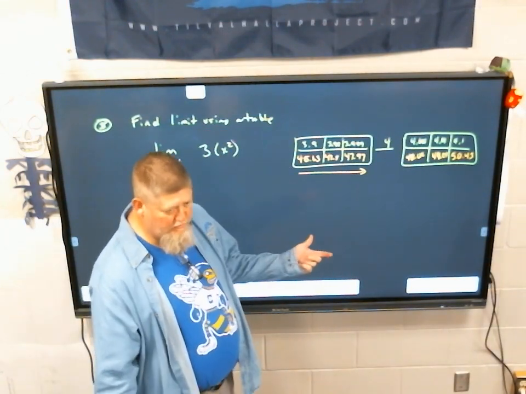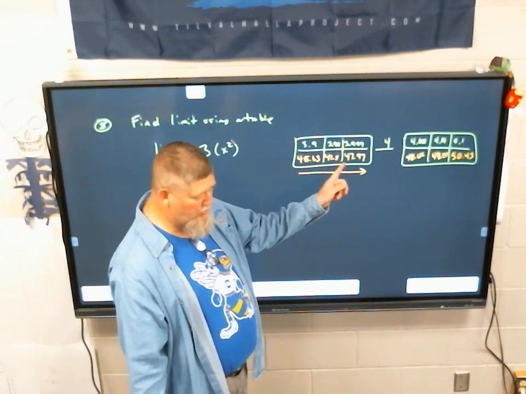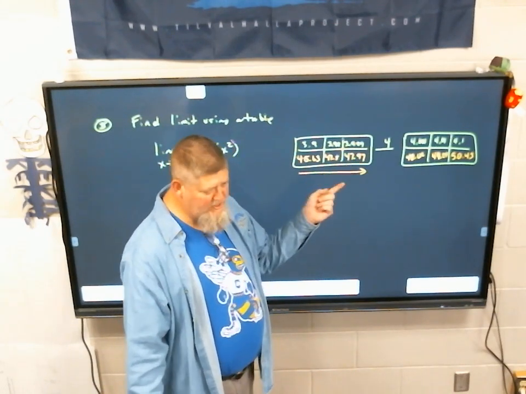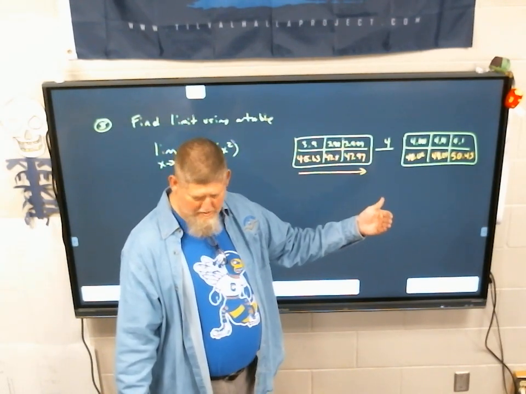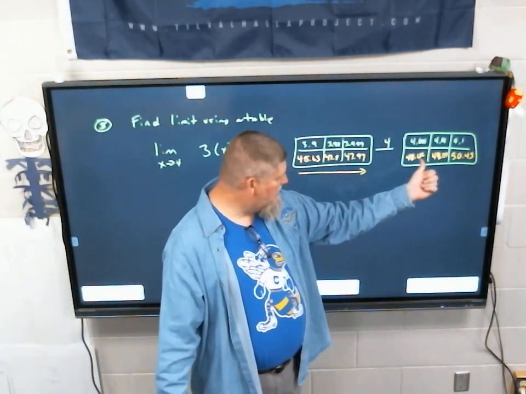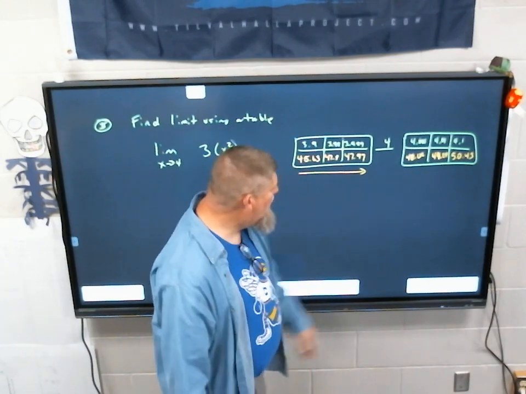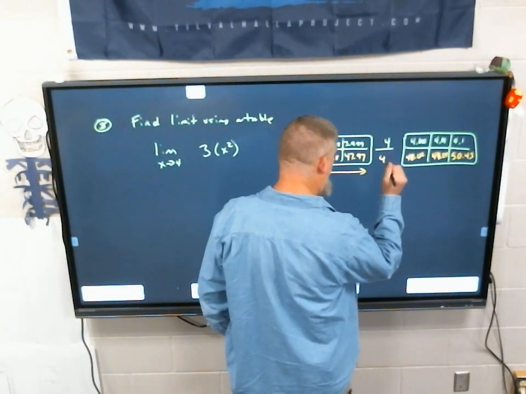It's approaching 48. It's getting closer and closer to 48. In fact, I would dare say if I put in 3.999, I would have like 47.999 something. What value am I approaching from this side? 50 to 48.2 to 48.0. So it looks like I'm approaching a value of 48.